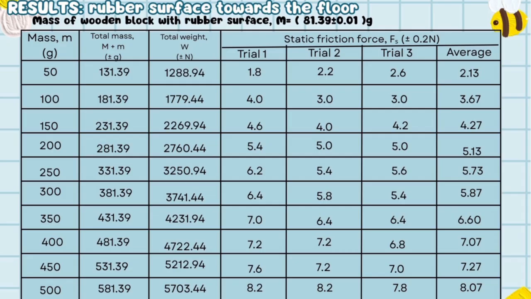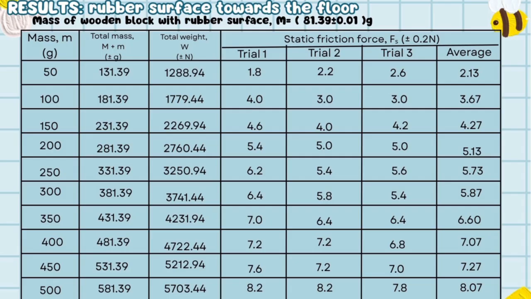So these are the static friction force Fs with uncertainty of 0.2 Newton. Trial 1, from the first to the last: 4.0, 4.6, 5.4, 6.2, 6.4, 7.0, 7.2, 7.6, and the last is 8.2.